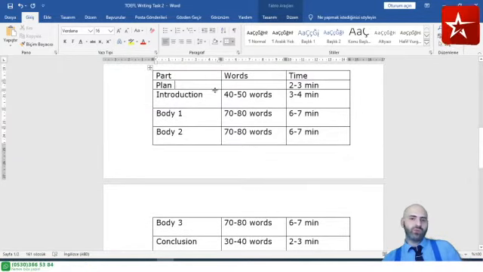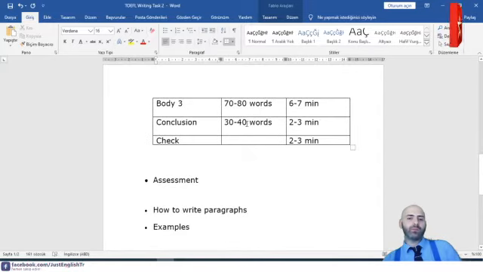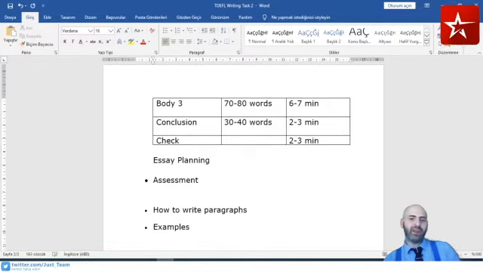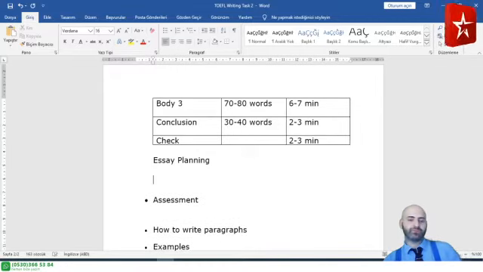Now, what do we mean in planning? What do you need to do while you are planning your essay? Let me write it here. Essay planning. When you are planning an essay, you need to make a plan like this.